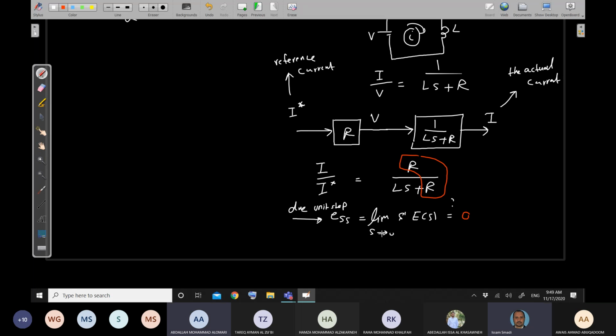Okay, now see. This one is a physical quantity, yes or no? This one is the same physical quantity. So you need to make the current inside the circuit equal to a certain value.